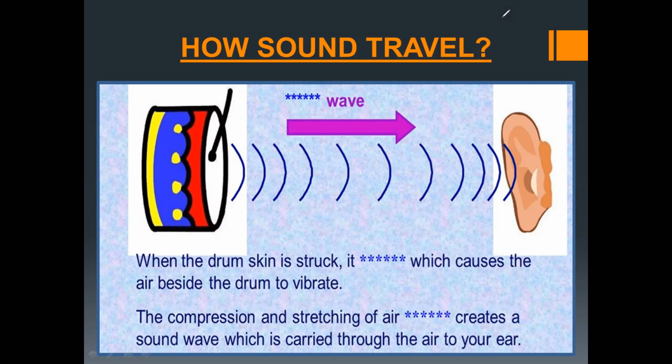Why? Because the sound travels when the drum skin is struck. When the drum skin is struck, meaning when it is being hit or beaten, the drum skin vibrates. As I already told you, the drum skin starts vibrating.